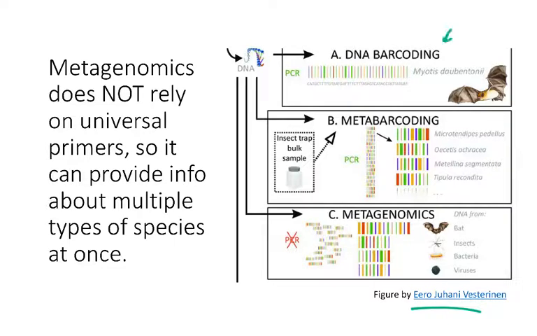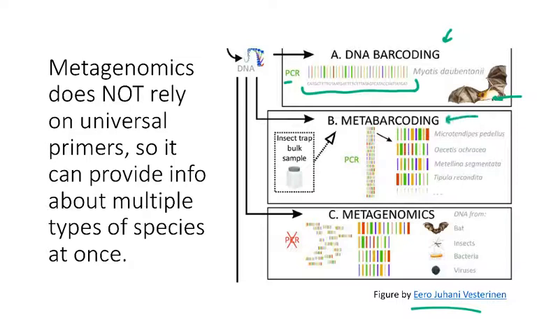So if we start at the top with DNA barcoding, we said you needed to get samples from each individual separately. So this particular individual was studying bats. What they had to do was take a DNA sample from this individual bat, use PCR and amplify this one particular genetic barcode region to figure out what type of bat it was.